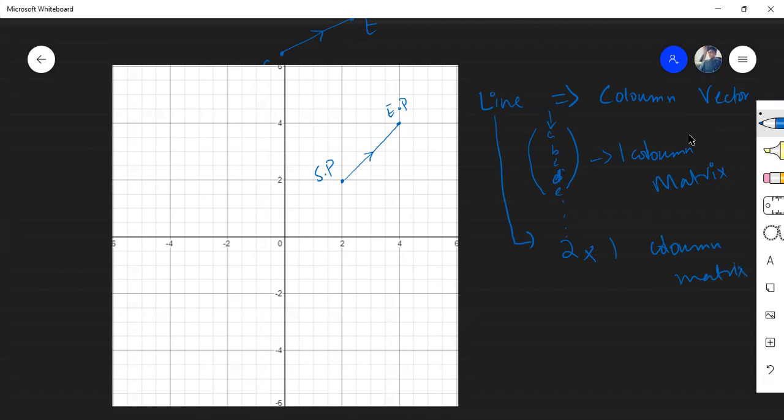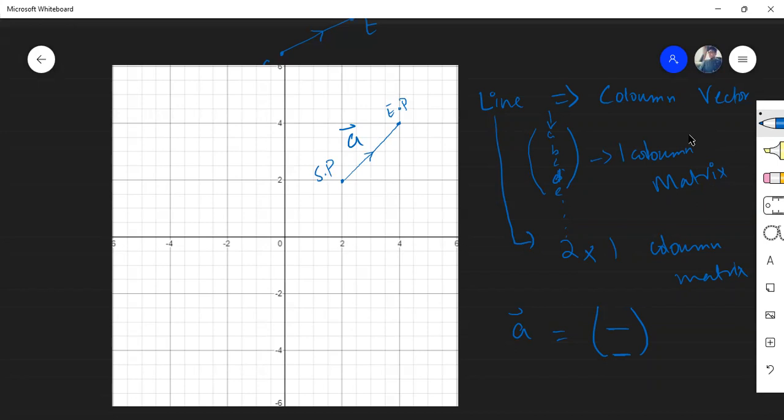So to describe this line, let's call this A. This is a 2 by 1 column matrix, so there is one entry here and a second entry here. So we need two values to describe this line fully. So how will I do it?